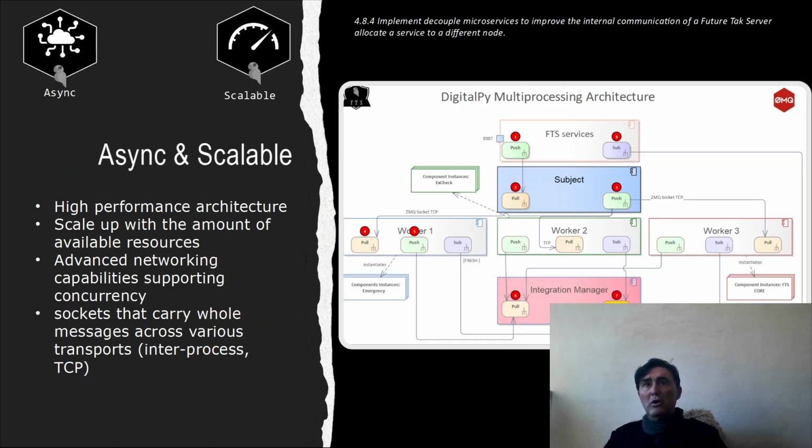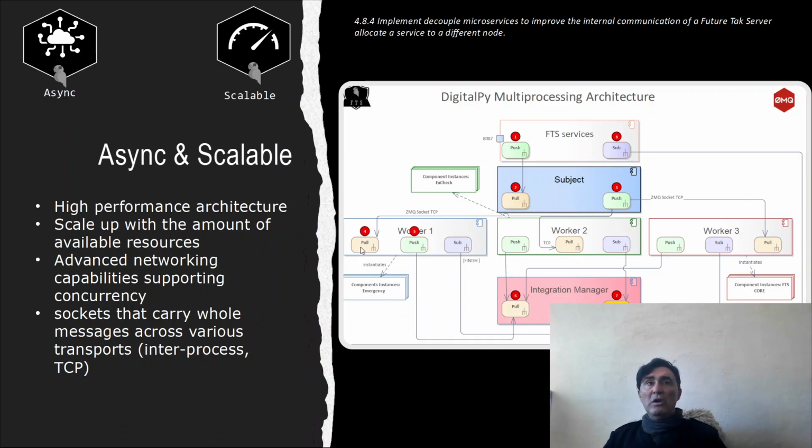Namely, you can install all of that on a simple Raspberry Pi, or you can install on a machine with a very high amount of cores, and each of those workers will be allocated to a certain CPU and perform everything in parallel. So the subject will pull the information from the service and push to an available worker.